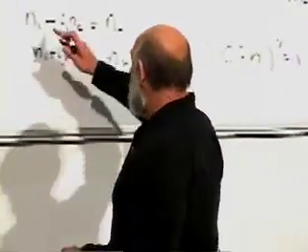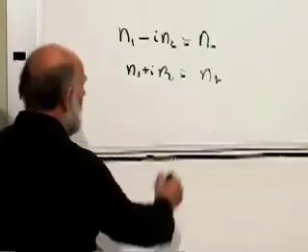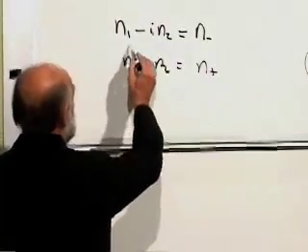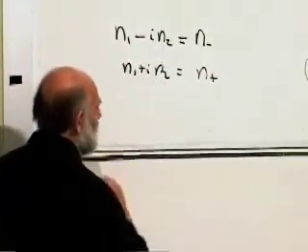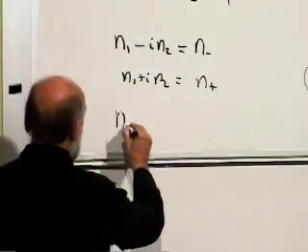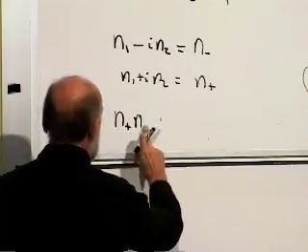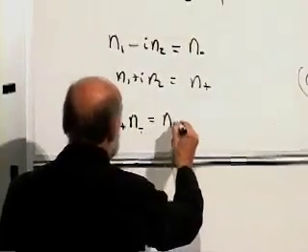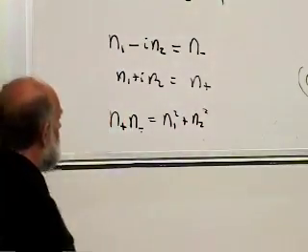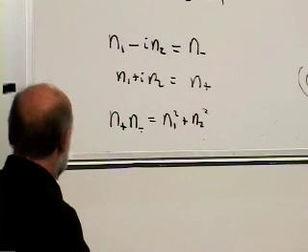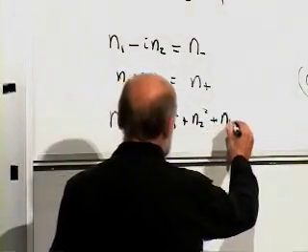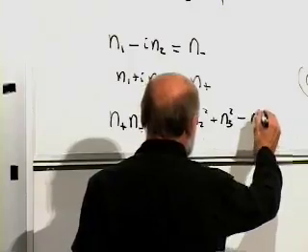Another little algebraic fact, which is kind of neat, I don't know if it's neat, it's true, that's all. N plus times N minus is equal to N1 squared plus N2 squared. Notice that N plus and N minus are complex conjugates of each other. So N plus N minus is equal to N1 squared plus N2 squared. Now this is a true statement. All right, let me add to this plus N3 squared and then subtract N3 squared.